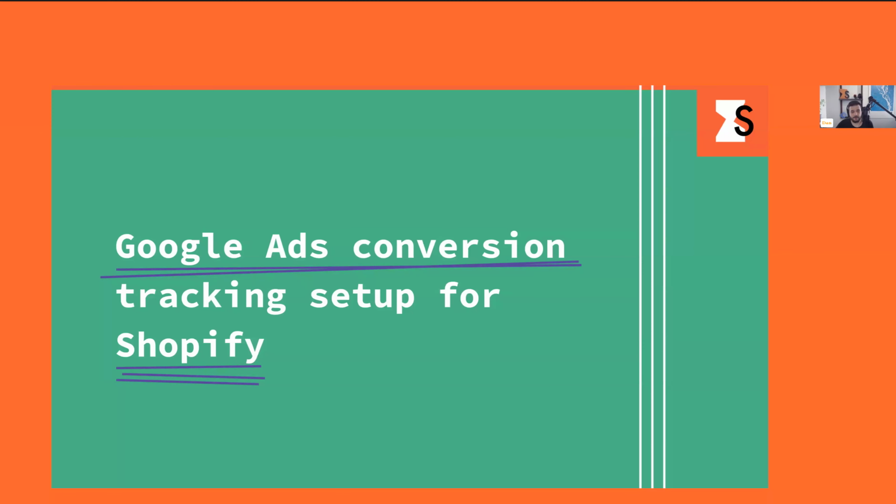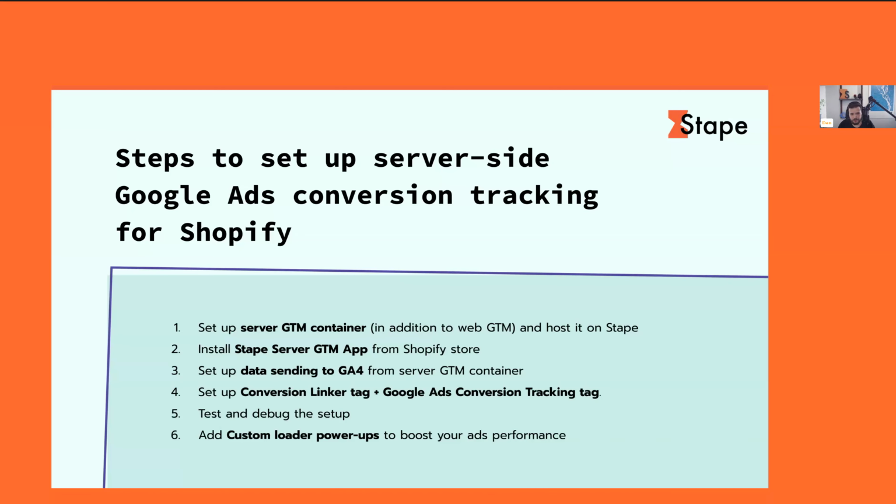Google Ads conversion tracking setup for Shopify, which is the reason why we all gather here today. This is essentially our agenda. We're going to set up a server container from scratch. So we're going to create one in GTM and host it on Stape. We're going to install the Stape Shopify app to essentially embed a web container on your shop, as well as provide a data layer, which we will use for conversion tracking.